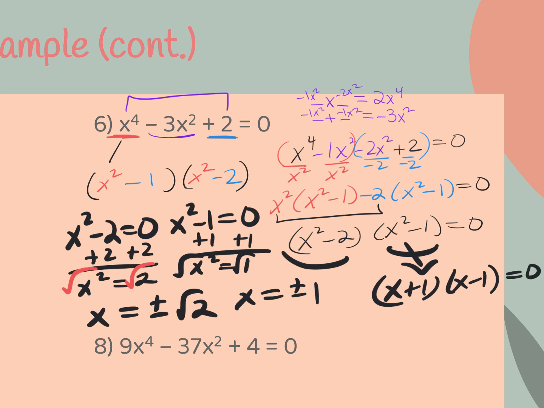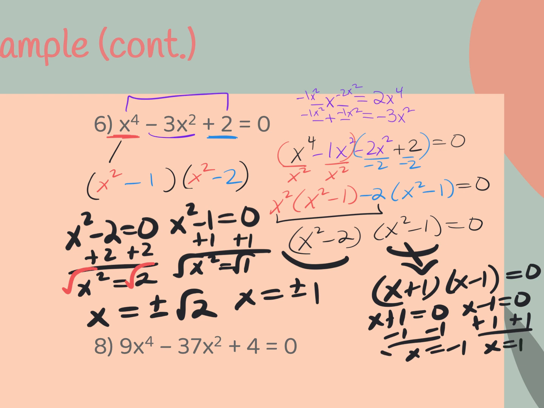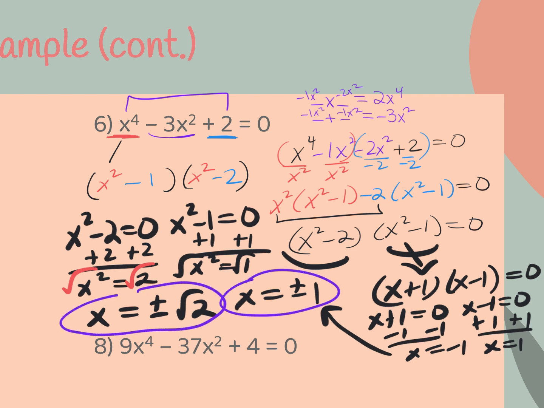Either way, you're going to get positive 1, negative 1. It doesn't matter how you solve for x when you have the difference of two squares. And you get the same answer as that. So my 4 answers are positive and negative square root 2 and positive and negative 1. Why is it square root 1?